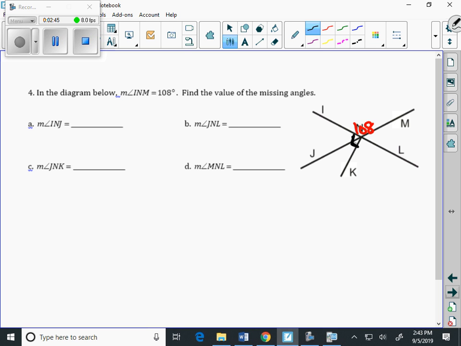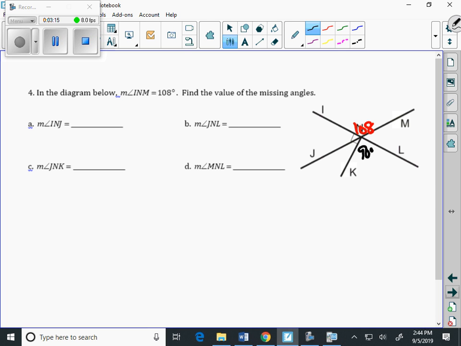But what that means is that angle LNK is also a 90-degree angle. So I'm going to erase what I just wrote there and put in 90 degrees there.